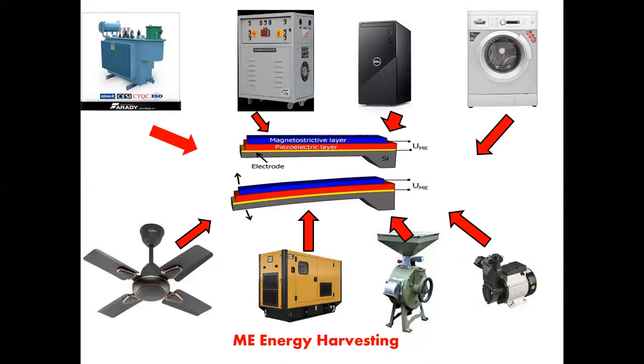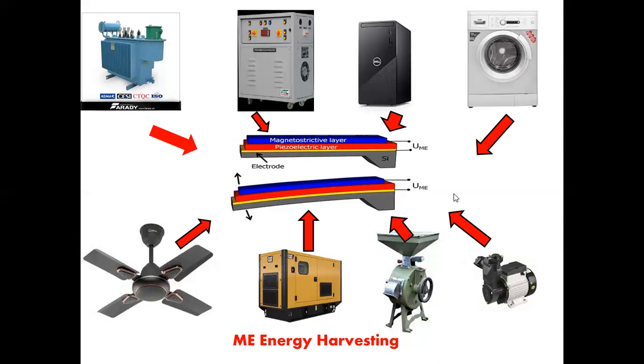It also creates a very large magnetic field. In all these applications, a very large electromagnetic field is created around these devices, and the energy carried by that electromagnetic field is wasted if you are not using it.